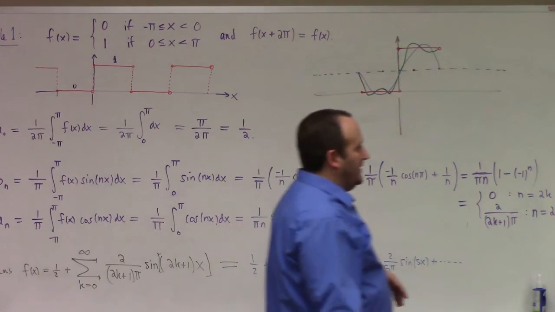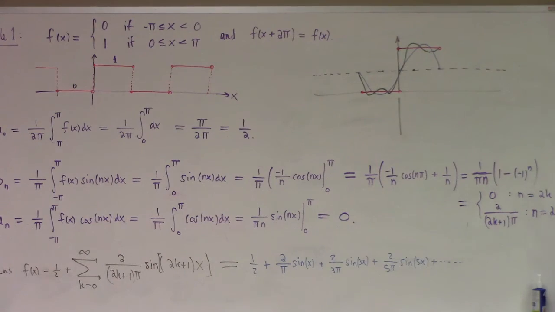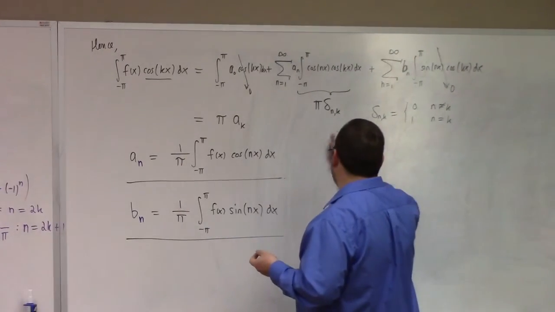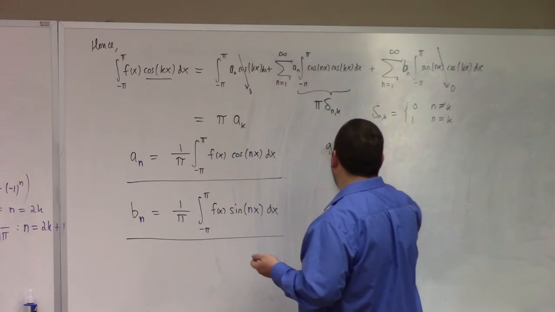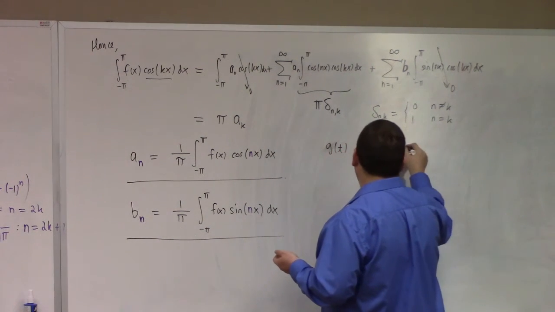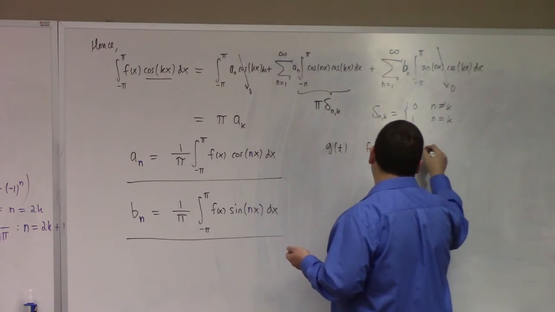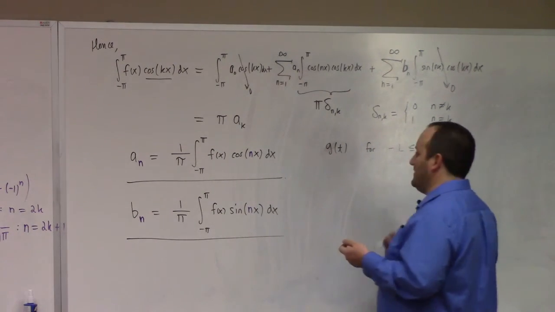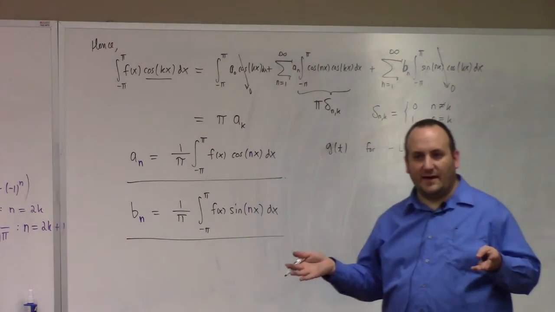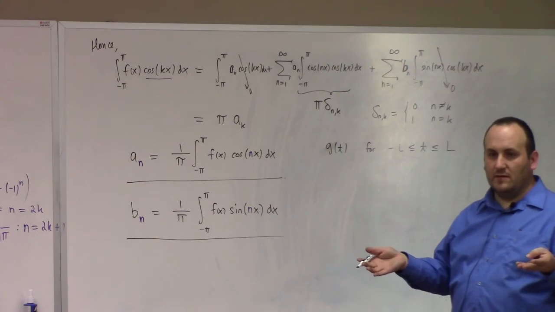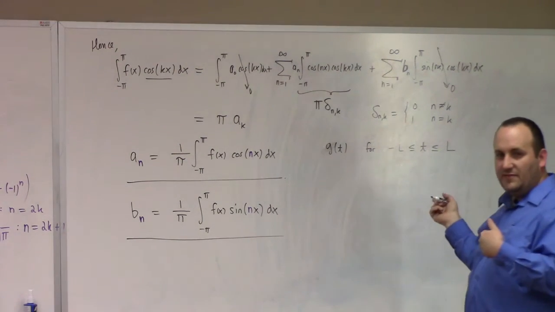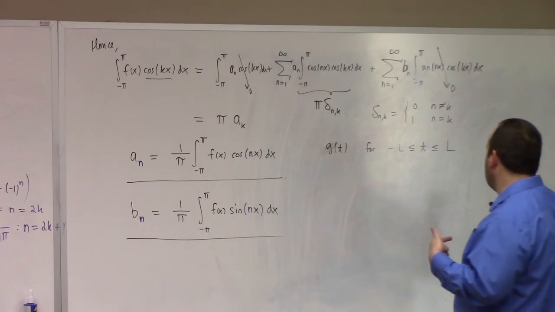Now, a lot of times you want to look at f of t, or let's say g of t, for minus L less than or equal to t less than or equal to L. Instead of being stuck with minus pi to pi, you might want to go from minus L to L. So you can achieve that by making a substitution.